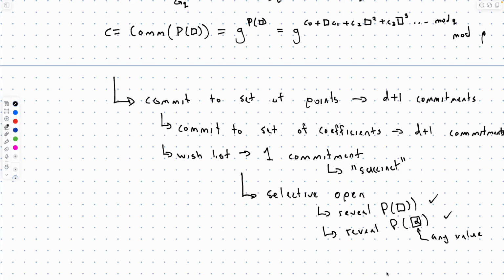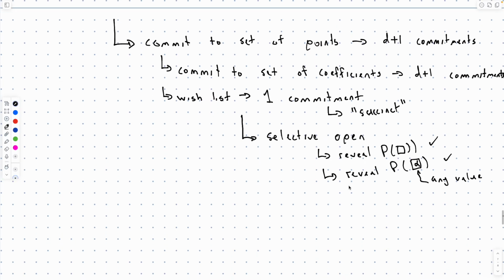And so instead of telling you the whole polynomial, I'll just tell you what that polynomial is at the point 5. And you'll learn what that polynomial is at point 5, and you won't learn anything else about the polynomial. So this is kind of selective or minimal disclosure.